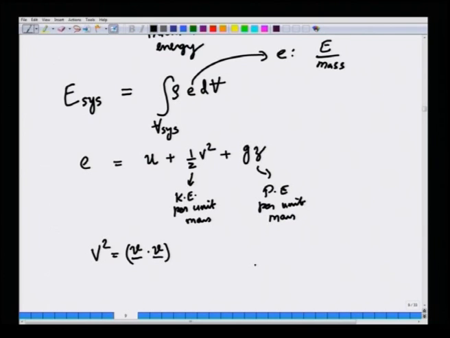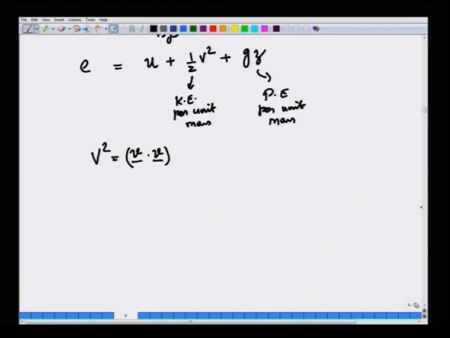Okay. So, we want to now generalize this to a control volume formulation. In order to use the Reynolds transport theorem, we have to use dN/dt of the system.